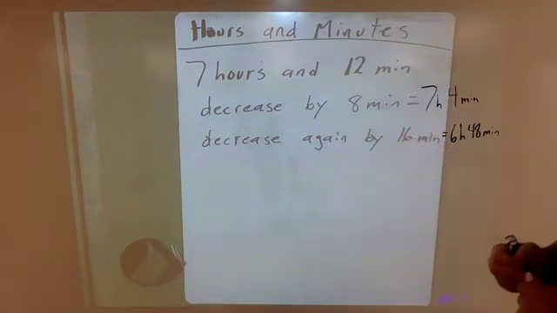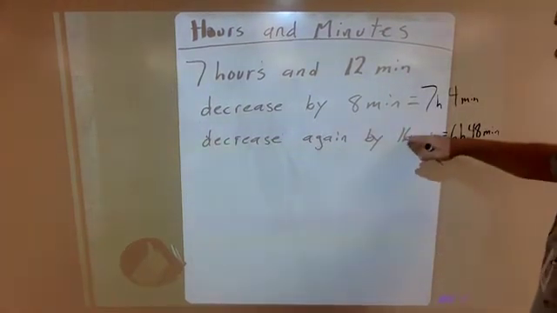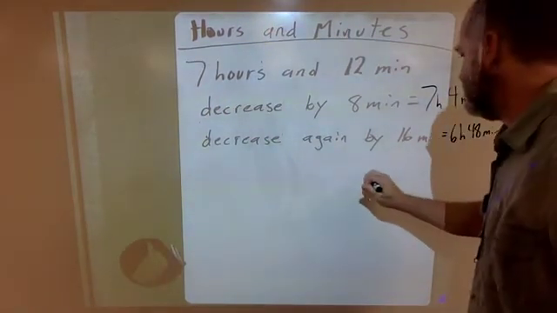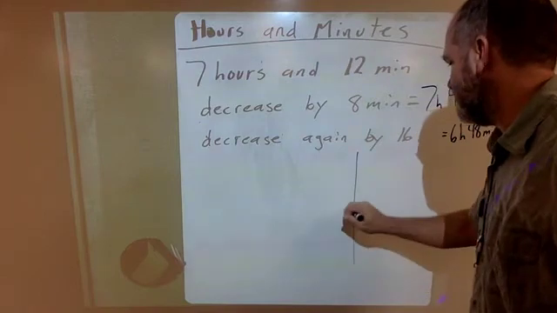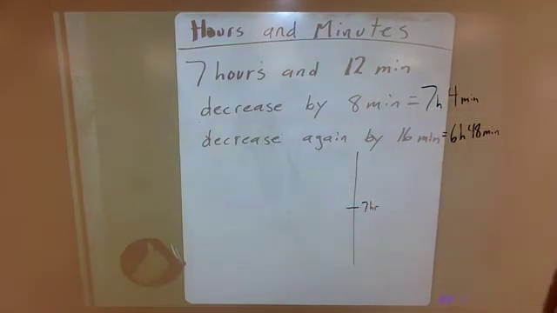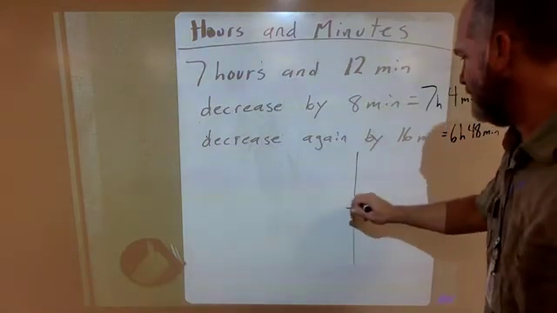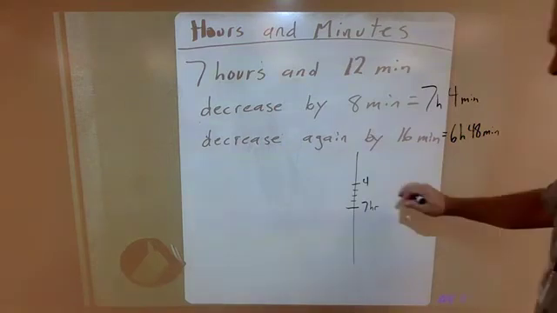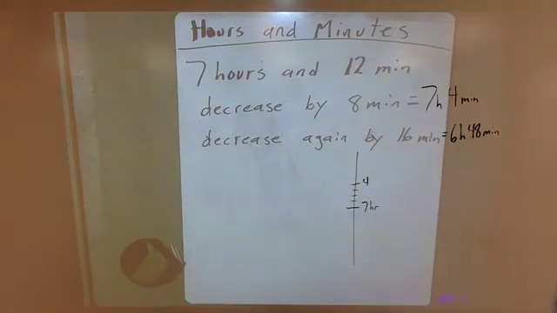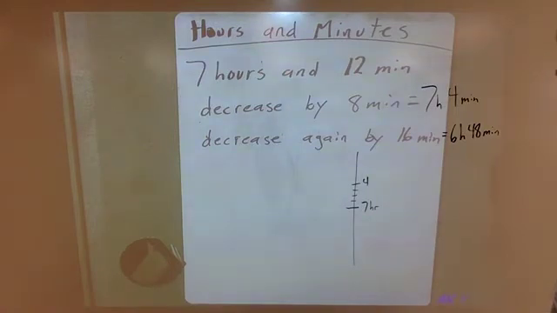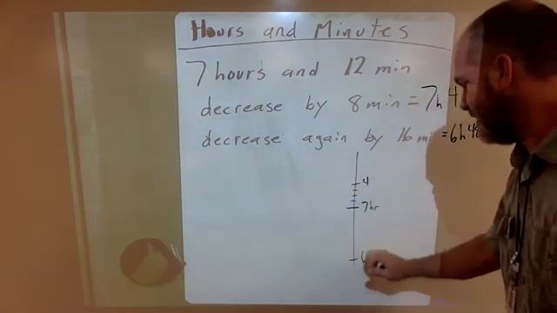Let me try and explain that more clearly. You're trying to take 16 minutes off of 7 hours and 4 minutes. So let's make a temperature style timeline. We'll say 7 hours is right here instead of 0. You're 1, 2, 3, 4 minutes above that. And you have to take off 16 minutes. We're trying to subtract 16 minutes from this time. We'll say 6 hours is way down here.